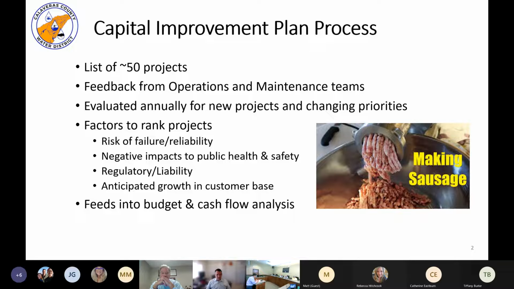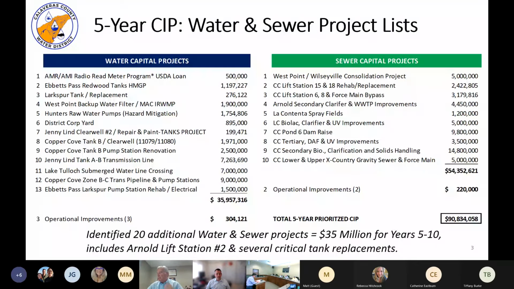Slide 3 presents a list of 13 water projects and 10 sewer projects. Of the 13 water projects, we currently have 3 under construction, 1 is out to bid, 2 are in design or environmental, 1 is next on the agenda to award a design contract, and 3 are out for RFP. So we're already moving forward on a number of those projects.